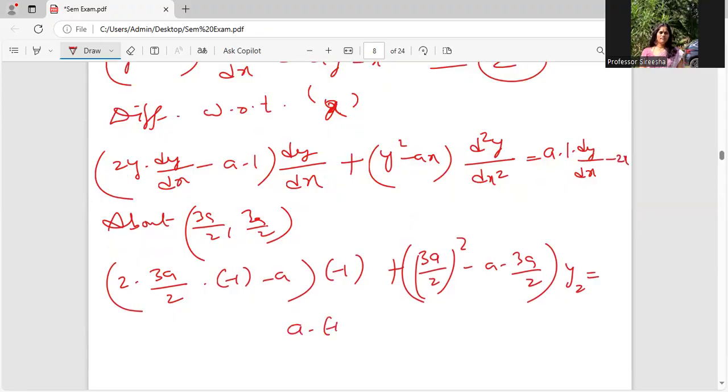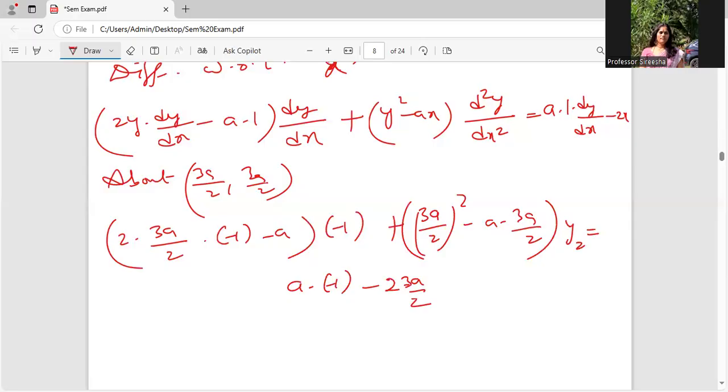dy by dx at 3a by 2, 3a by 2 is minus 1. 2 into 3a by 2. I can just simplify all these things. Now, this would give me 6a by 2 with a minus sign, minus a. With this minus sign, all the minuses go off. 6a by 2 plus a would be 8a by 2.